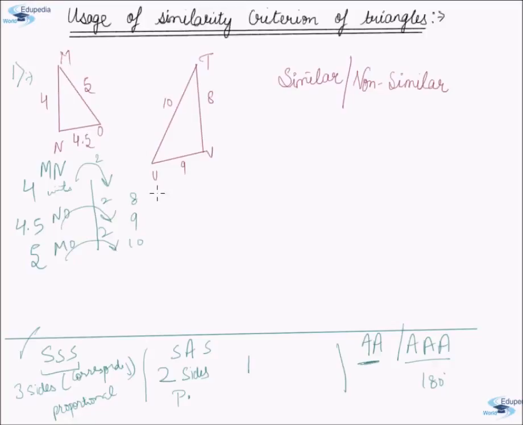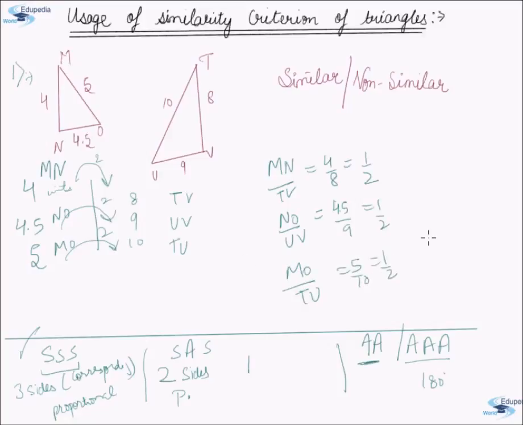And here 8 is the side TV, 9 is the side UV, and 10 is the side TU. Thus, what is MN over TV? It is 4 over 8, which is 1 by 2. And what is NO over UV? It is 4.5 over 9, which is again 1 by 2. Similarly, MO over TU is 5 over 10, which is again 1 by 2.